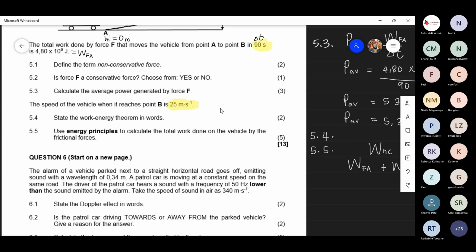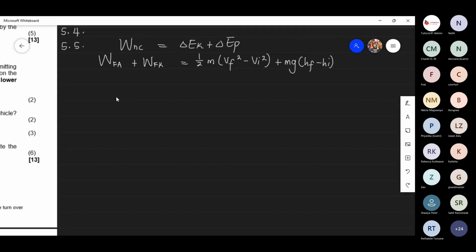So at the end, we need to calculate the work done by frictional force. So our final answer must be WFK equals something. The whole goal of this question is to calculate the work done by kinetic friction. So let us start substituting. First, we need to substitute the work done by applied force.